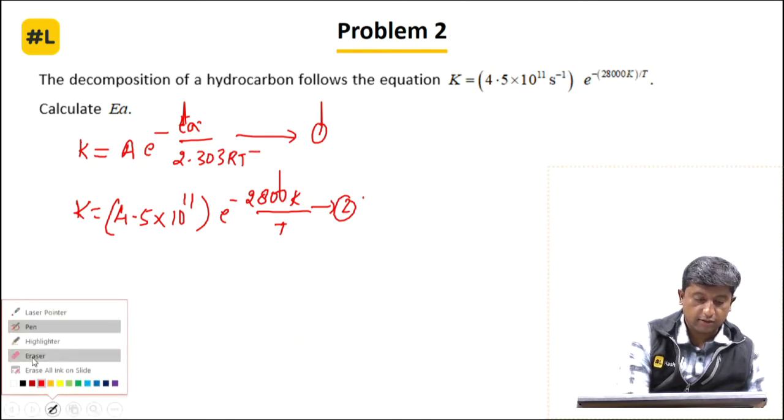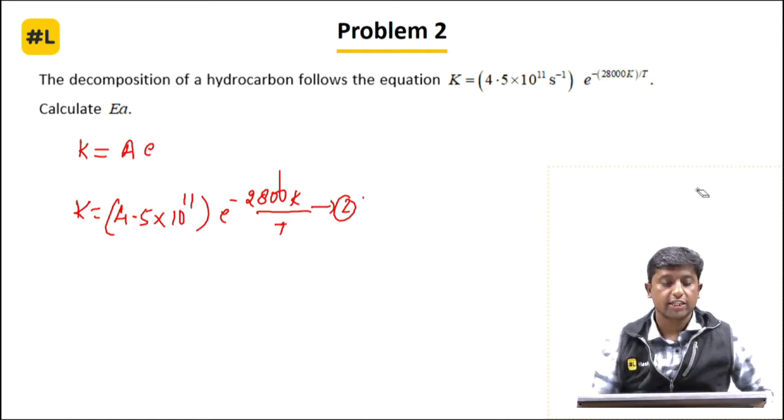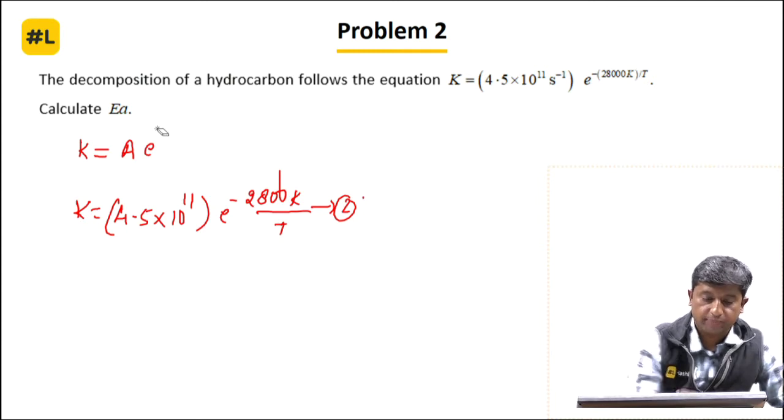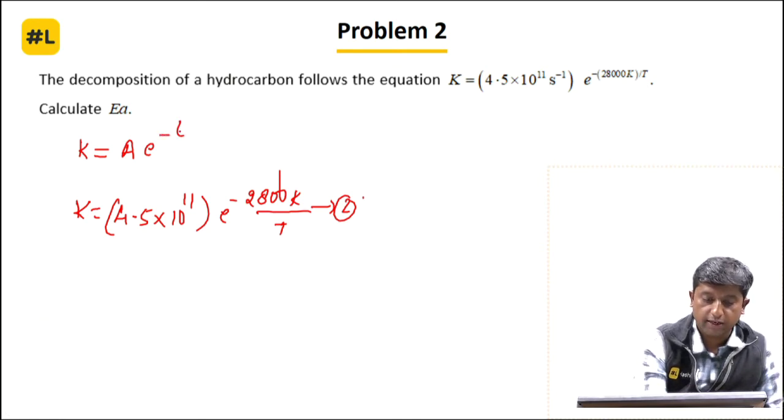Students, here we can use another form of the Arrhenius equation to solve this problem, which will be simpler compared to this. Let us write K is equal to A into e to the power of minus EA by RT. This equation is more appropriate here.